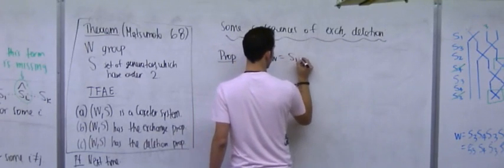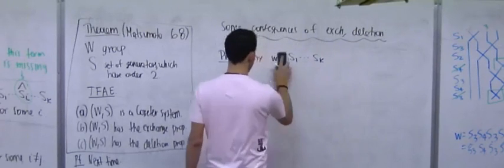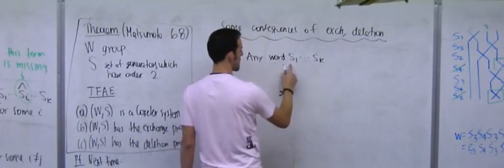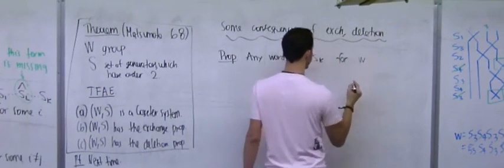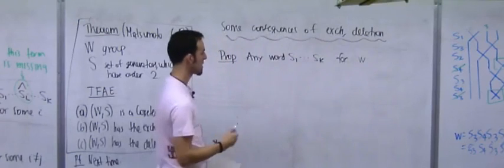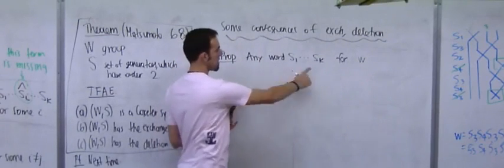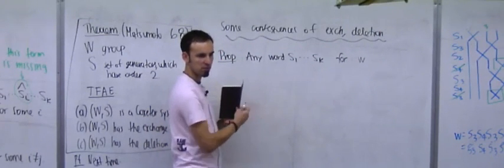The first one is the following. Any word in the generators S1 up to Sk for W, if I give you any word for W, contains a reduced expression for W as a subword.